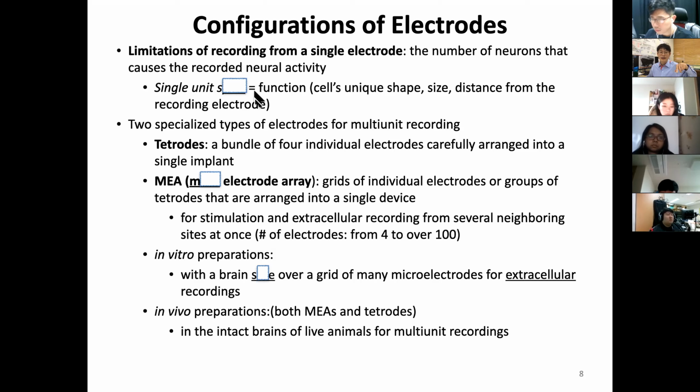So I don't know, action potential, it's related to one. Exactly. Yes, that's single, one.